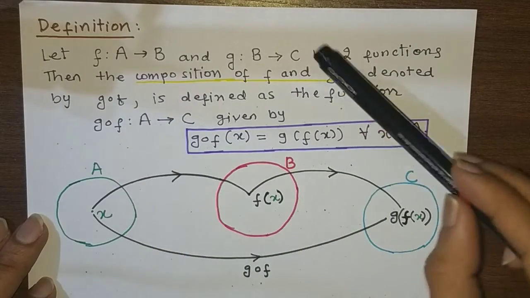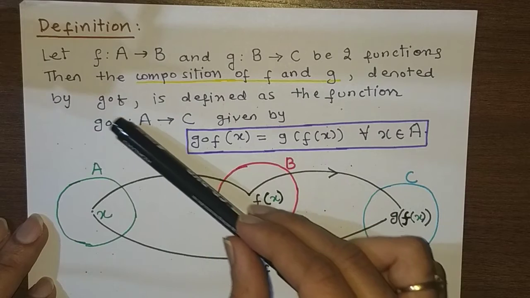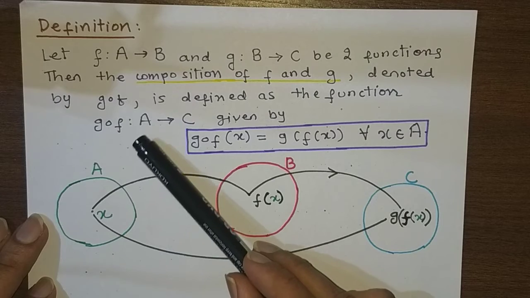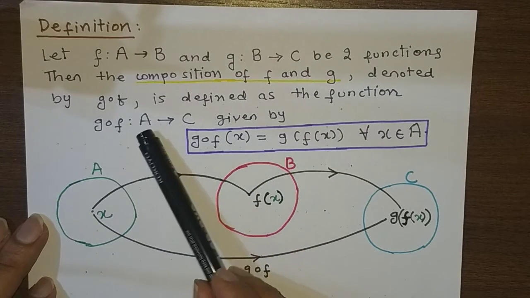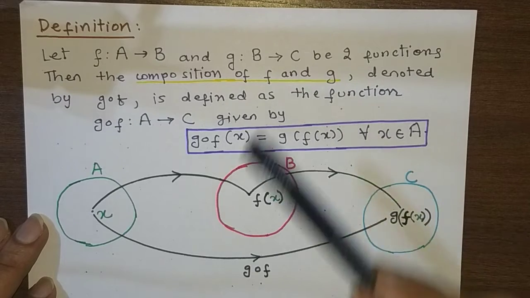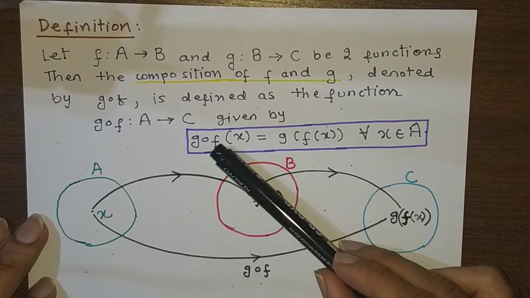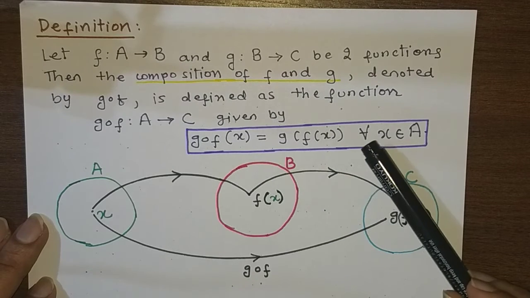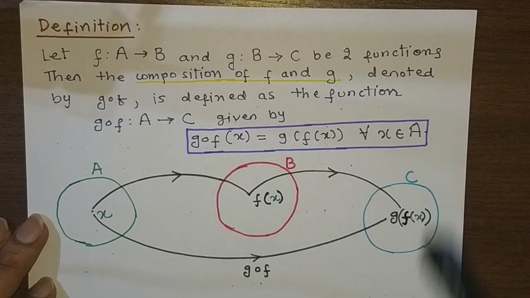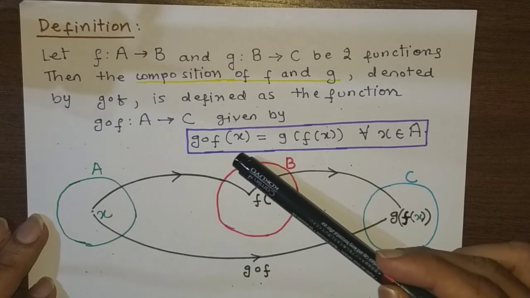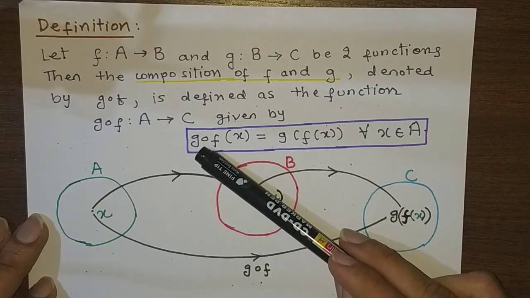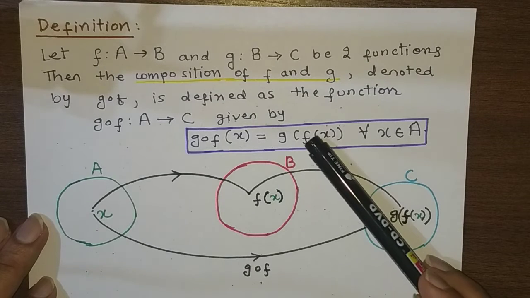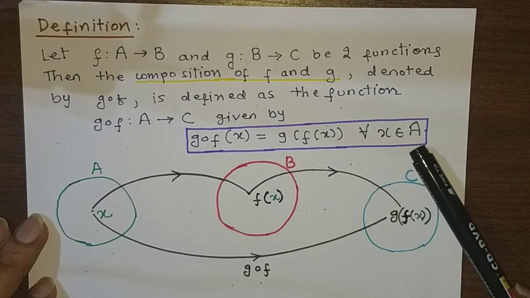Then the composition of f and g, denoted by g composite f, is defined as the function g composite f from A to C, where A is the domain of f and C is the codomain of g, given by g composite f of x is equal to g of f of x for x belonging to the set A. So the composition of f and g is defined as g composite f of x is equal to g of f of x for all x belonging to the set A.